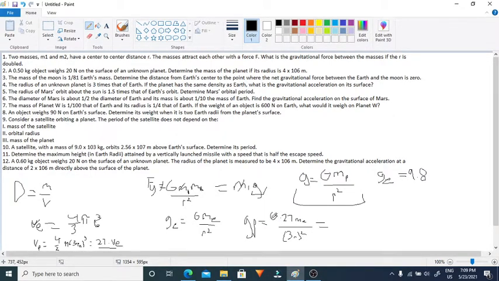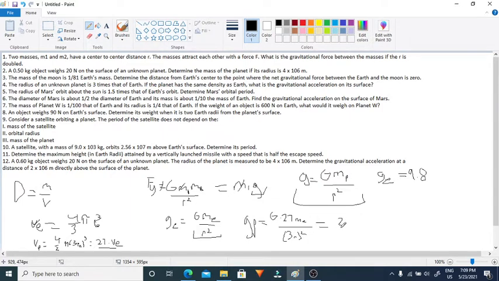So it's going to be G times me over, and now this, when you square this, it's going to become 9r squared, right? I'm going to take the 9 out as well. So remember, there's a 27 on the top and a 9 on the bottom. So it's going to be G me over r squared times 27 over 9, which is just going to simplify to 3. So it's going to be 3 times G me over r squared, and that's our value here.